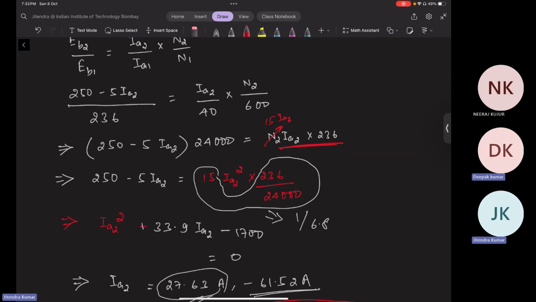In this above equation, 250 minus 5 Ia2 by 236 equal to Ia2, see, the coefficient of Ia2 square I want to eliminate. Okay. So what should we do? We should divide it by the same coefficient on both sides. This 236 into 15 divided by 24,000 will be equal to 1 by 6.8. So this 1 by 6.8 is nothing but Ia2 square divided by 6.8. So we multiplied on the left side with 6.8.